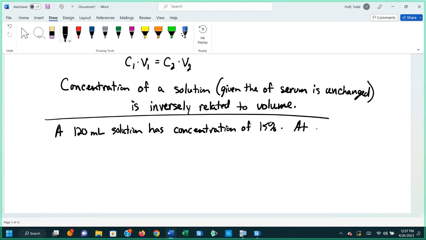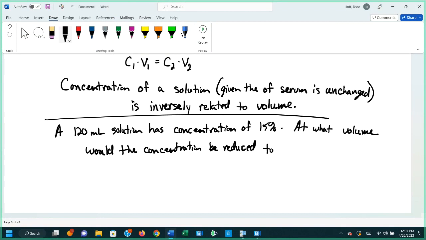At what volume would the concentration be reduced to 10%?